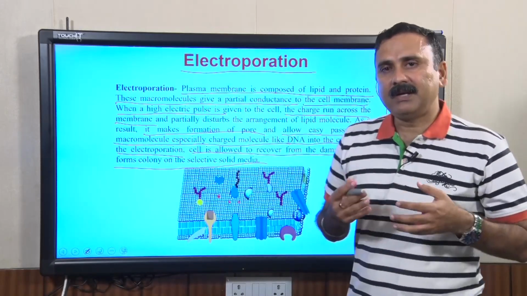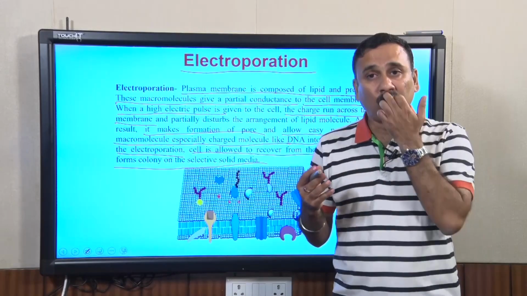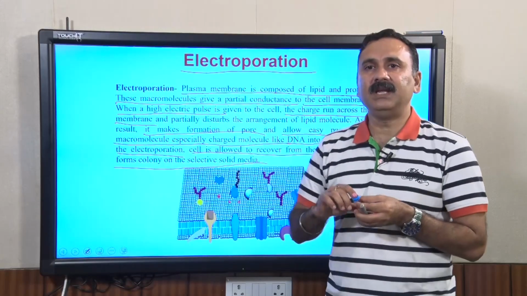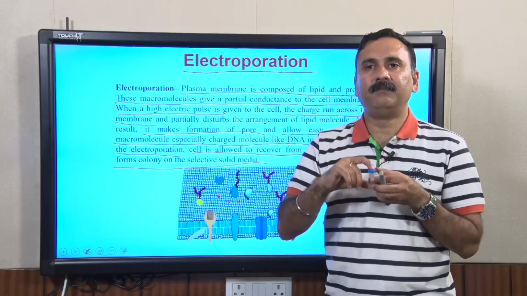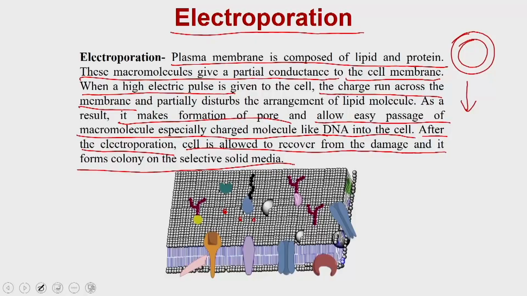So, in a typical electroporation, you have to provide electroporation cuvettes. The typical electroporation cuvette looks like a glass cuvette, okay, and in the glass cuvette you have metal plates on both sides, okay, and you will provide the bacterial cells here between these plates.